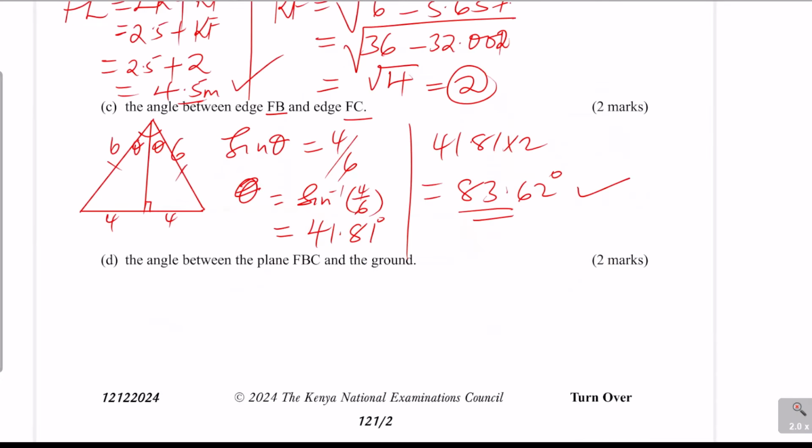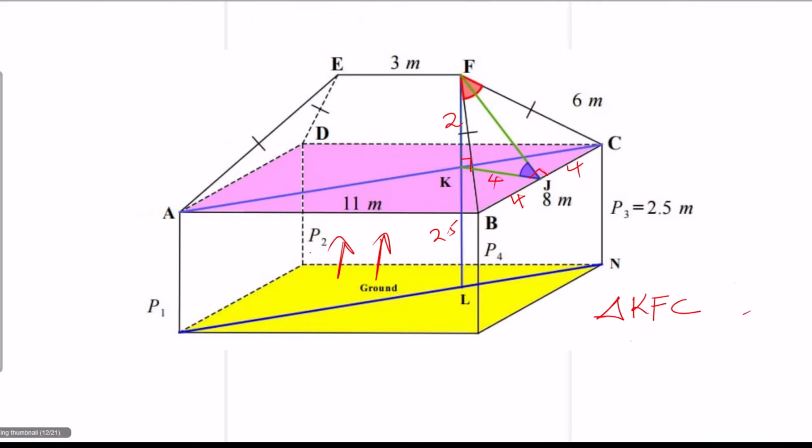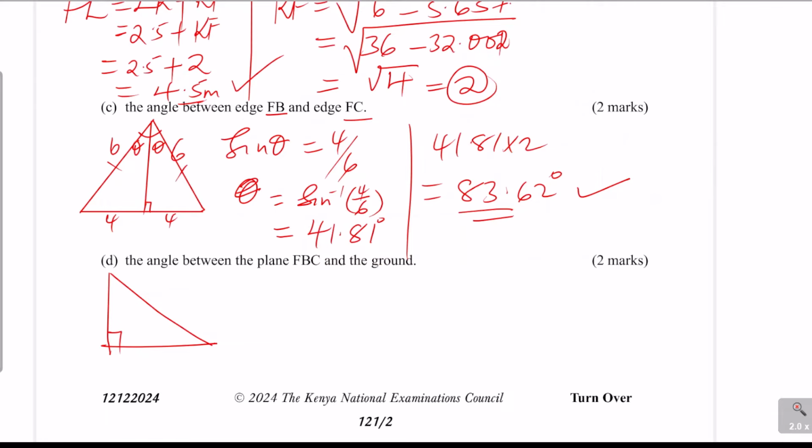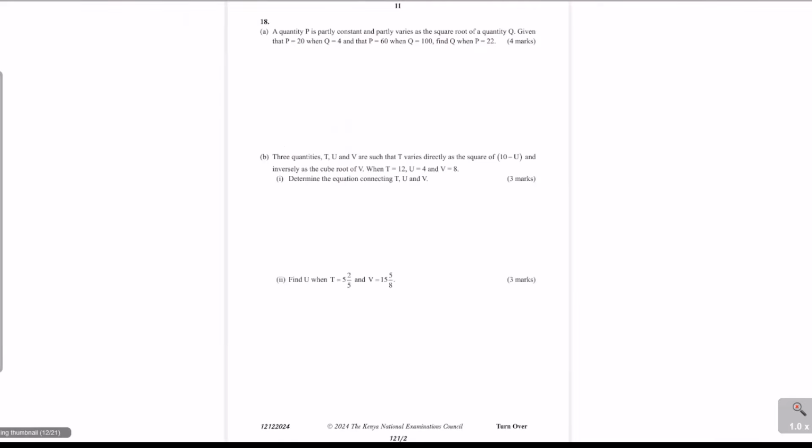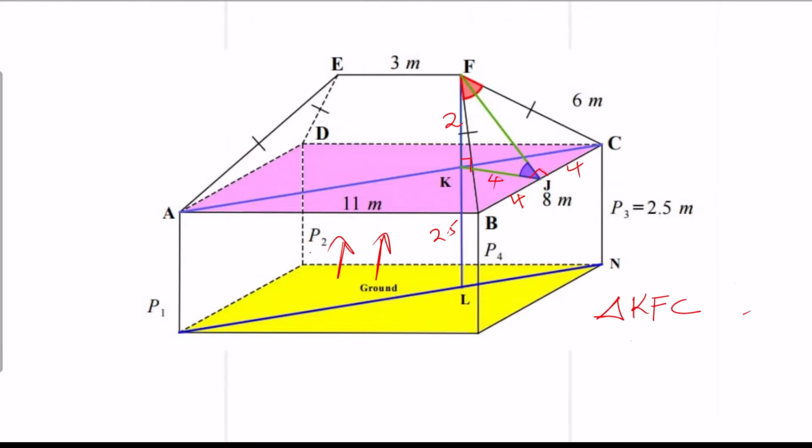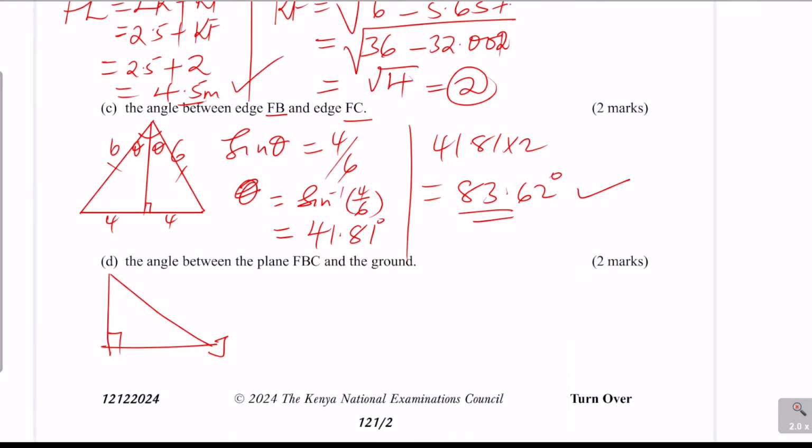If I extract that triangle, we're going to use triangle FKJ. It looks like this. J is here, and then F and K. So this is the required angle.